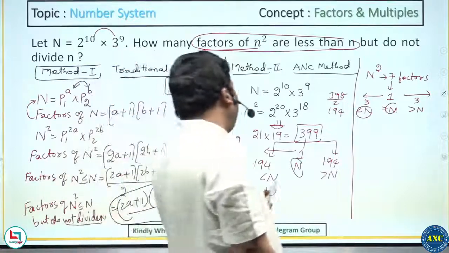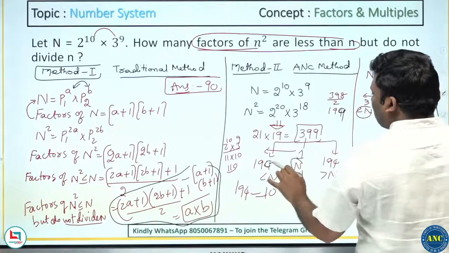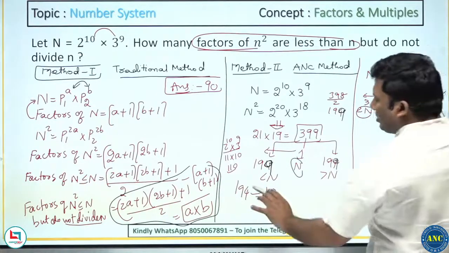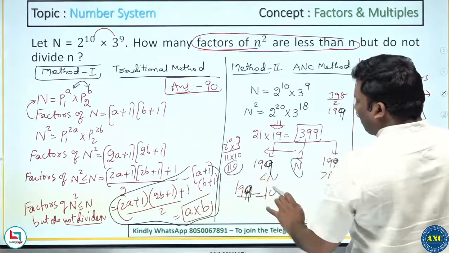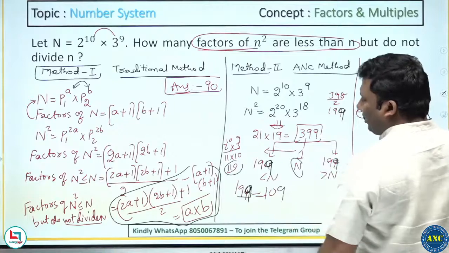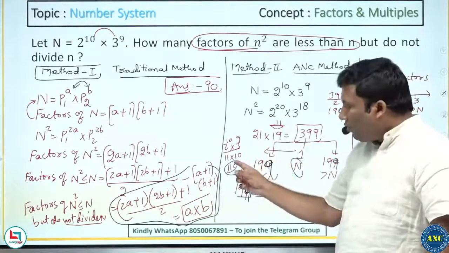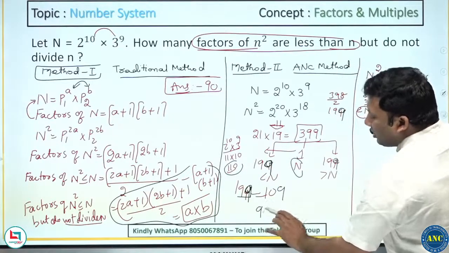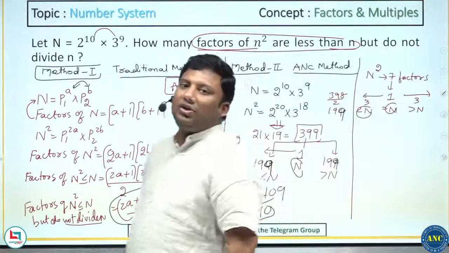Equally it is divided. 398 by 2 is 199. 199 left side, 199 right side. In that 199, 110 factors are there, 109 factors will be less than n. One factor will be equivalent to n. So 199 minus 109. Direct answer is 90. Logically, you can solve it.